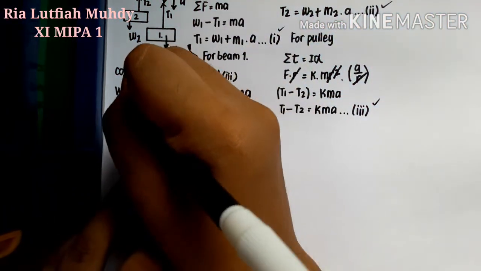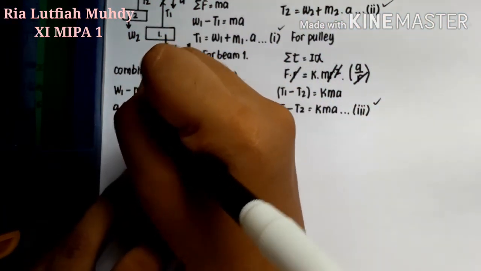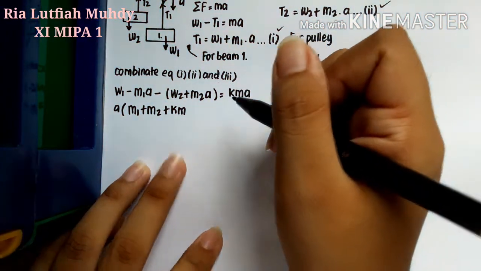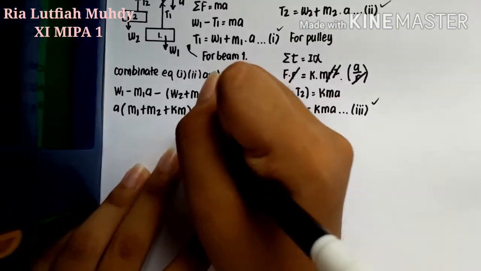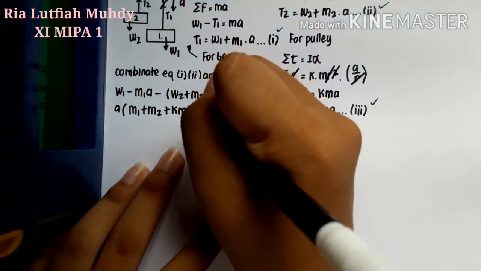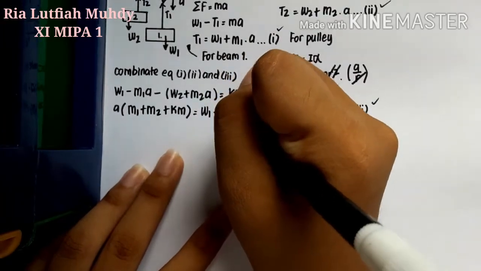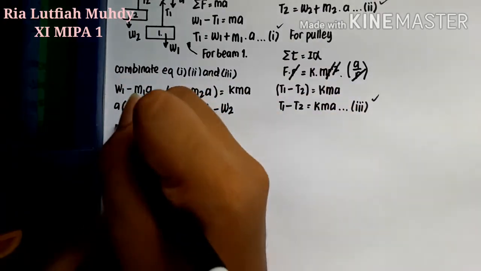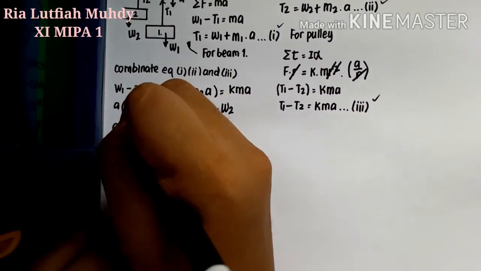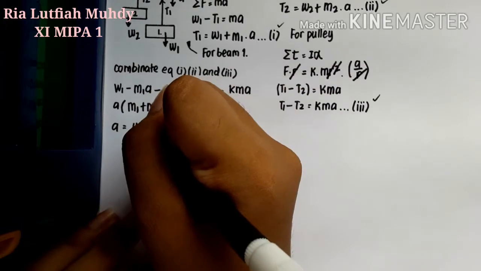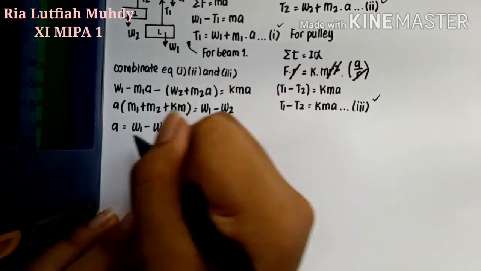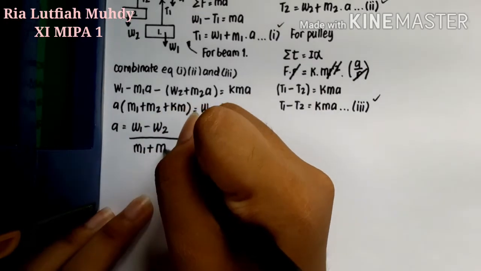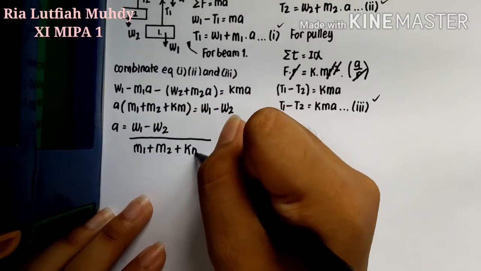So we can write m1 plus m2 plus constanta times mass equals weight 1 minus weight 2, and then it becomes: a equals weight 1 minus weight 2 over m1 plus m2 plus constanta times mass.